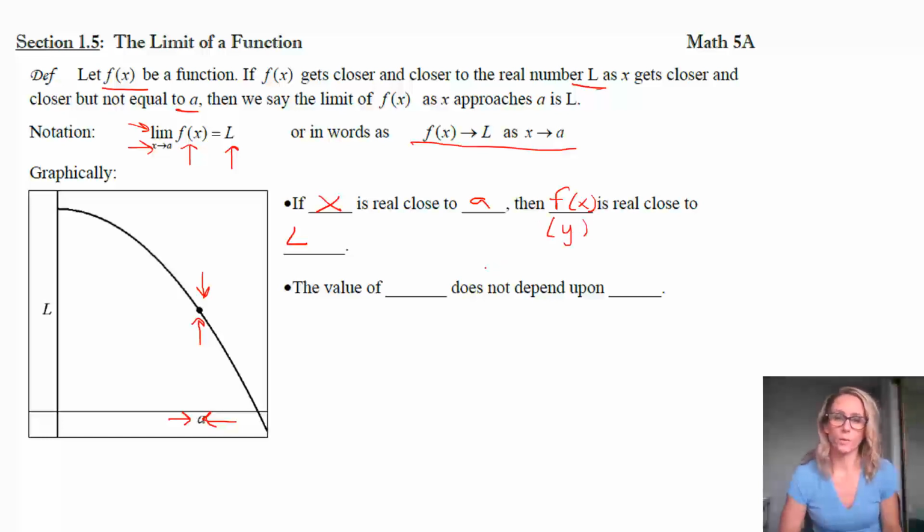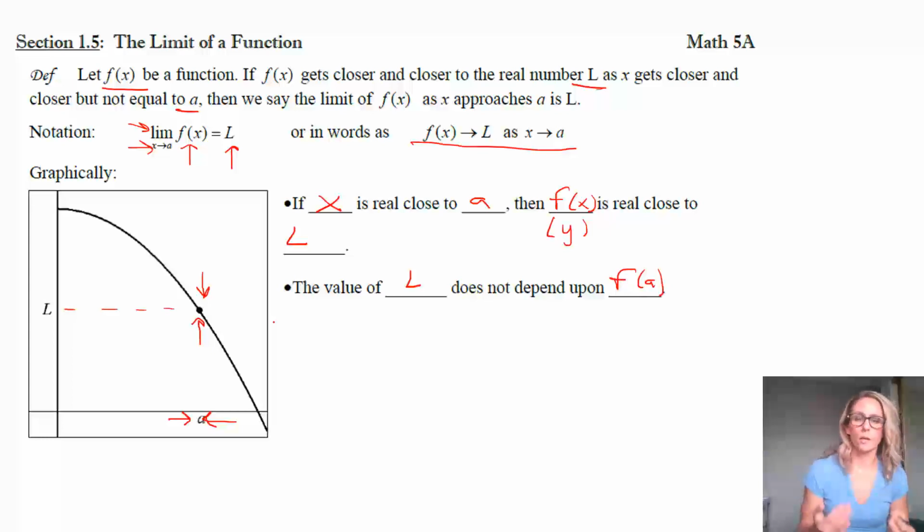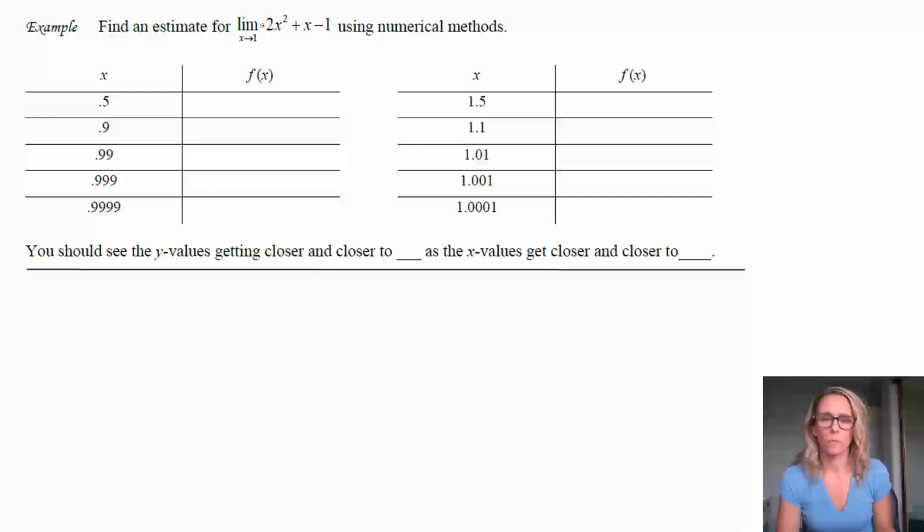Are the y values close to some y value here? As I was talking about with the wall, the value of L does not depend on the value f of a. So what that tells us is you could have a limit where the value at that point does not actually exist. And we'll see pictures of this soon.